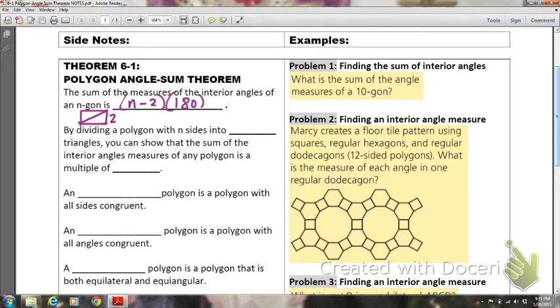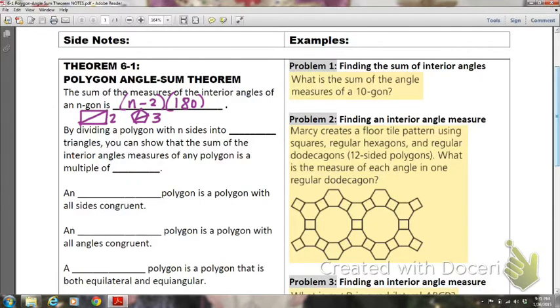If I have a pentagon, and from one vertex I can draw two diagonals, and that will divide that pentagon into three triangles. And just keep going up.